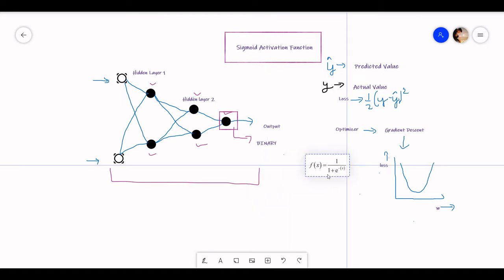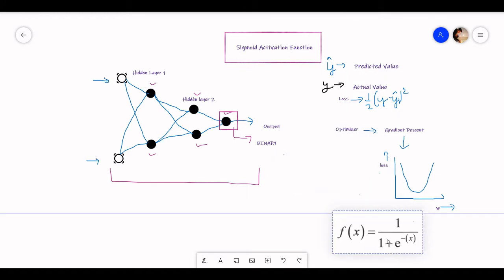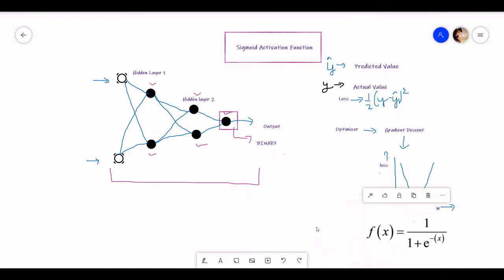This is our sigmoid activation function formula, which we also studied in logistic regression.